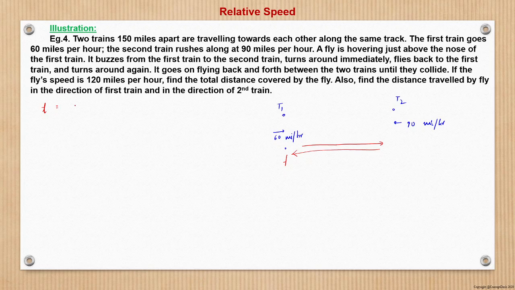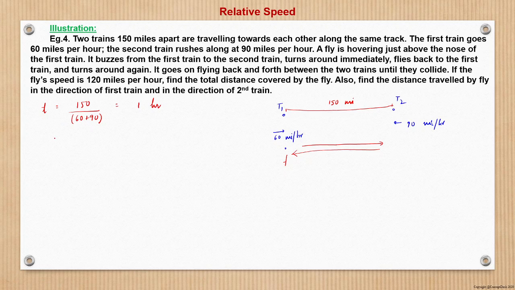That time is nothing but the distance between T1 and T2, that is 150 miles, upon the relative speed, that is 60 plus 90 miles per hour. So it becomes 1 hour. So in one hour, the two trains will meet.